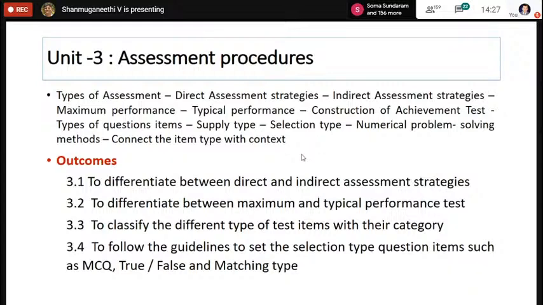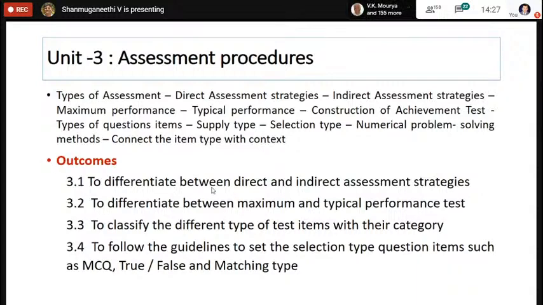Then the selection type questions, then numerical problem solving, how we can prepare the problem solving method. In fact, we have done interviews with different faculty and professors of universities on how problem solving questions can be prepared for each subject. Then connecting them with context: how to connect with context in mechanical engineering, electrical engineering, and electronics engineering. So those things we have discussed there.